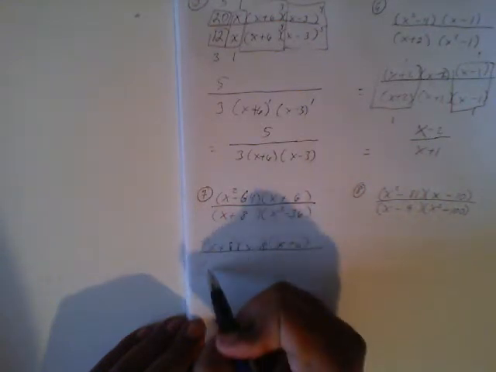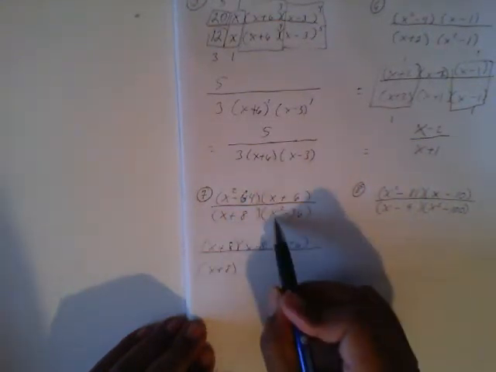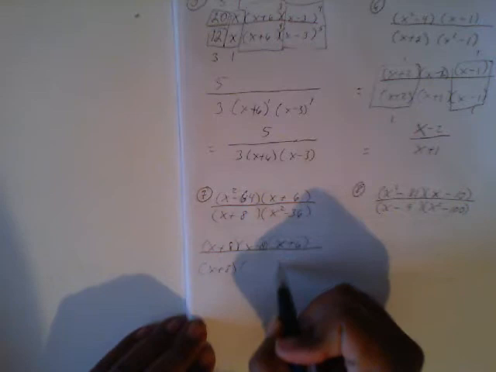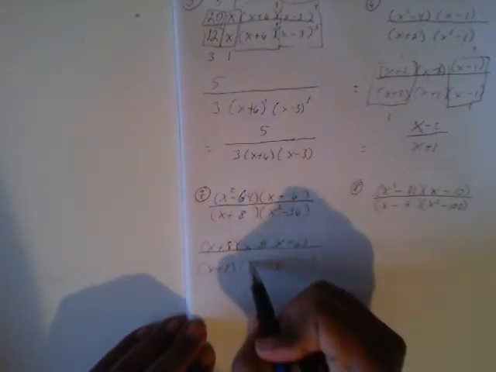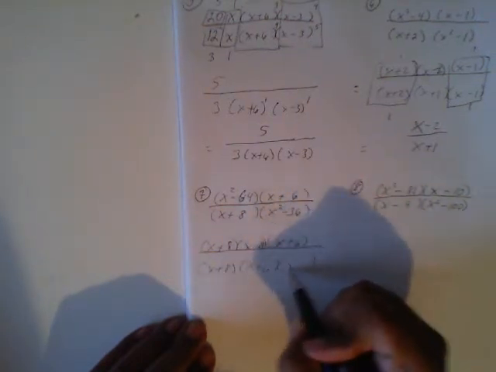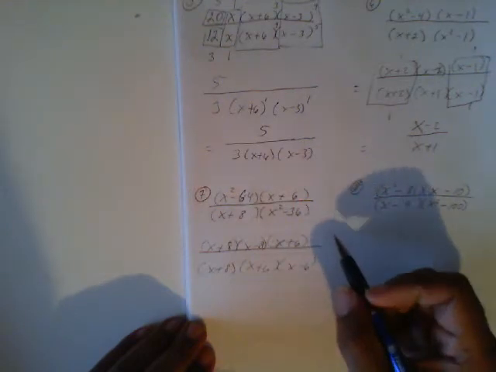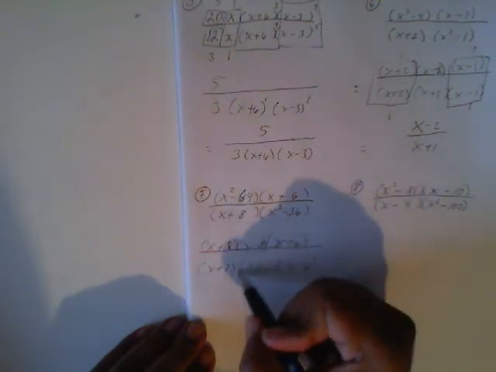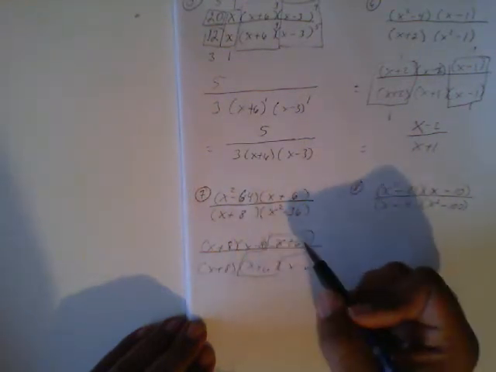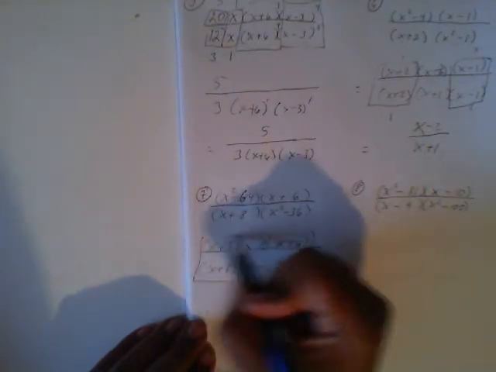Here we have x plus 8, and the x squared minus 36 is another difference of two squares that can be factored into x plus 6 times x minus 6. So the x plus 6's cancel, and the x plus 8's cancel, all becoming 1's here, leaving 1 times x minus 8, so x minus 8 here, and 1 times x minus 6, so that's x minus 6.